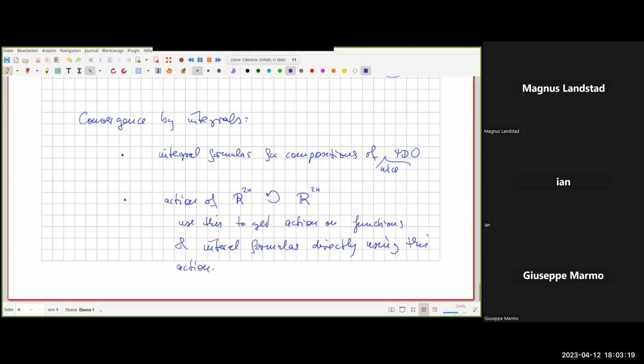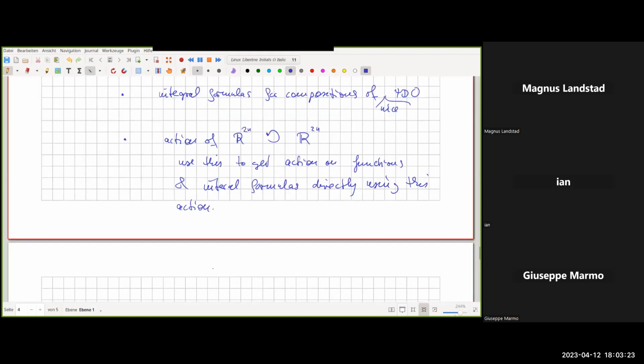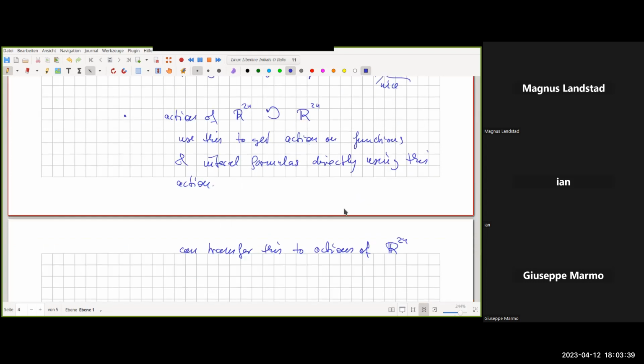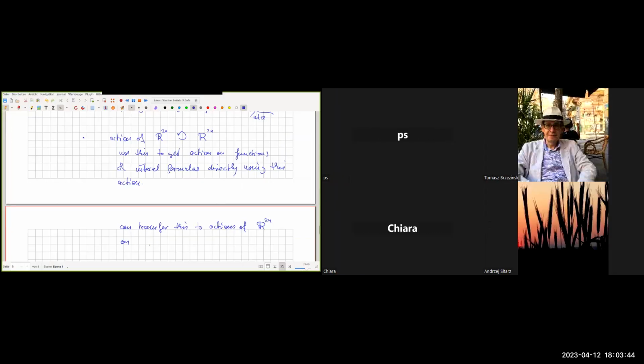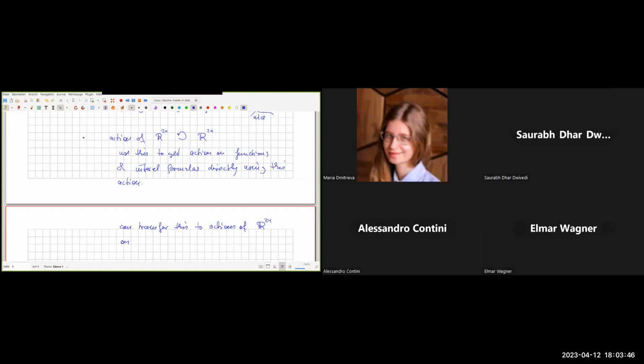And that sort of opened the door to many constructions, because once you realize this, then you can transfer this to actions of, again, the group R2n, with the symplectic form, on all kinds of algebras. They don't need to be functions.